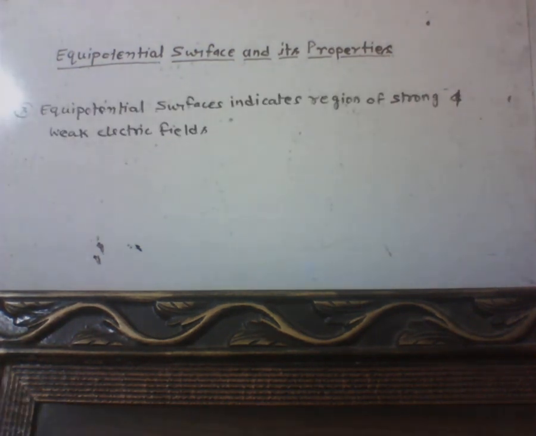Now the third property of an equipotential surface is that it indicates regions of strong and weak electric field.